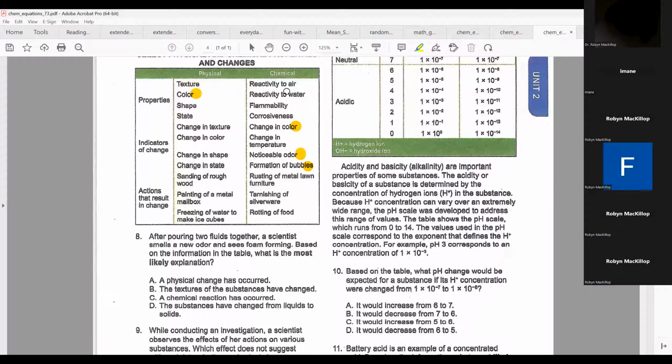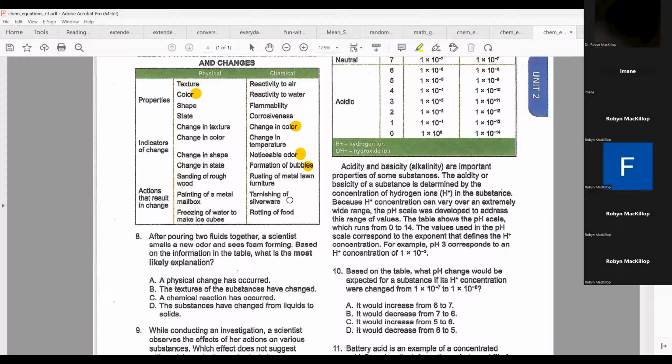Well, and they say here, sanding of rough wood. When you sand wood, it becomes smooth, but it doesn't change the wood at all. It's still wood. But tarnishing of silverware, that actually is a reaction to the silver, and it's changing the silver.